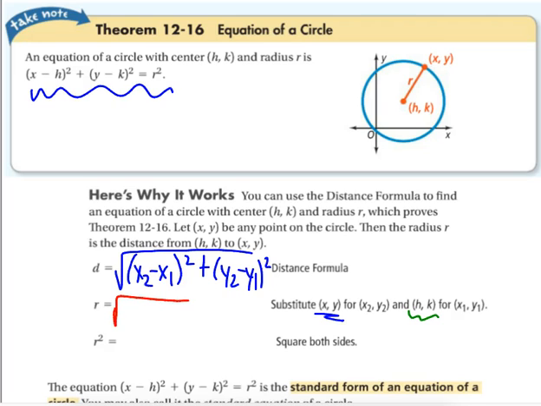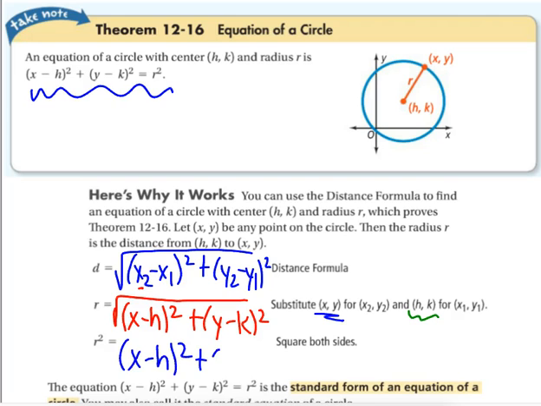So then that would look like the square root of (x minus h) squared plus (y minus k) squared. And then they tell us to square both sides to get rid of the radical. So if I square this whole side, it just gets rid of it. So hence, this is why we are left with the standard form of our equation for a circle.